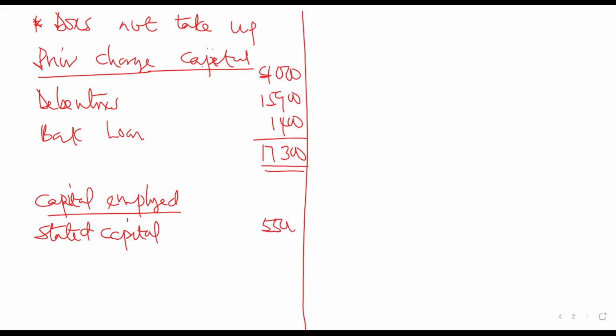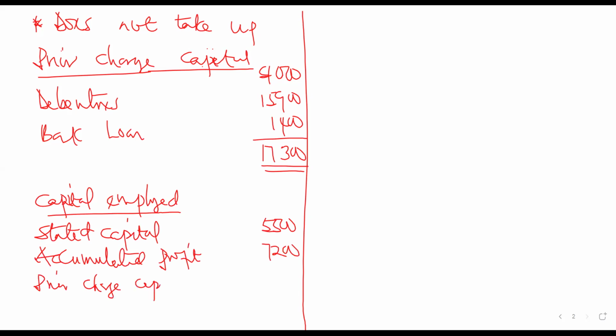Okay. What is their retained earnings, which we call the accumulated profit over there? 7,200. 7,200. Then we now add the prior charge capital to have the capital employed. They also have share premium. Is there share premium? Yes.